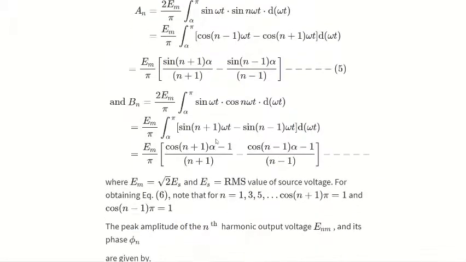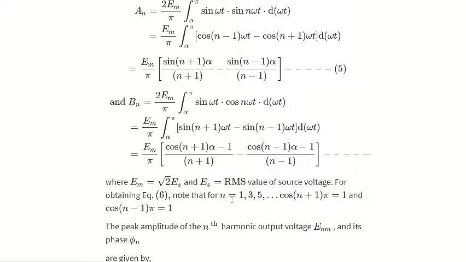All right. And Bn is given by 2 times Em by pi, alpha to pi, sin omega t into cos n omega t d omega t, right? So again, applying the trigonometry, you get Bn to be given as this, where you know Em is nothing but root 2 into Es, where Es is the RMS value of the source voltage or the supply, right?